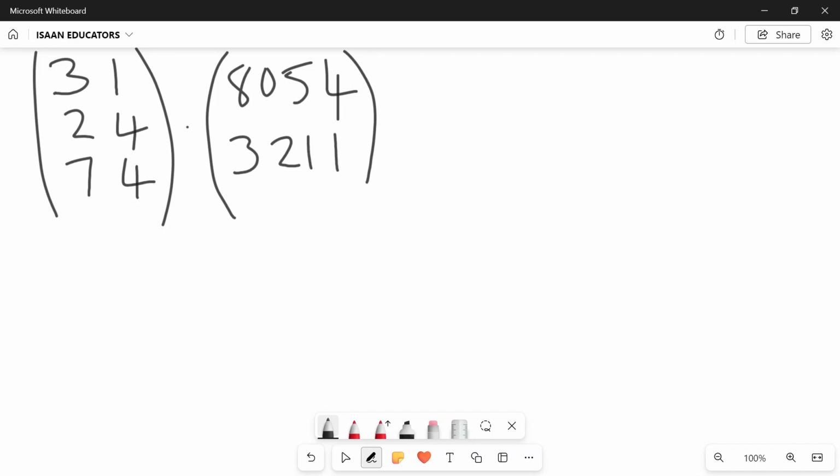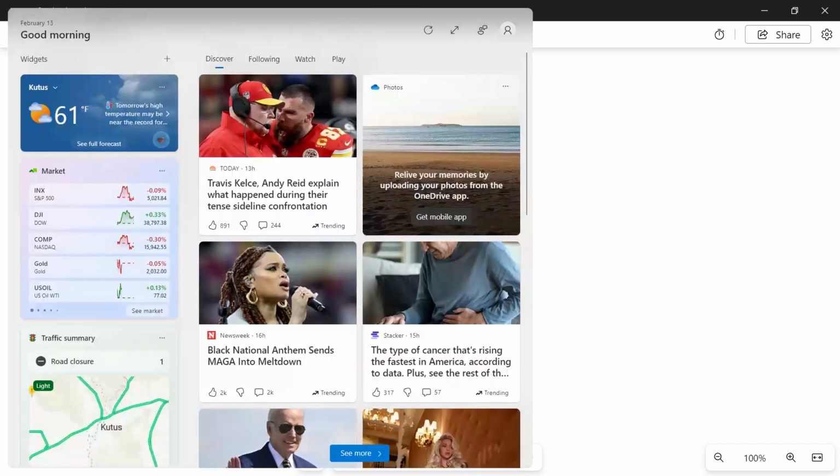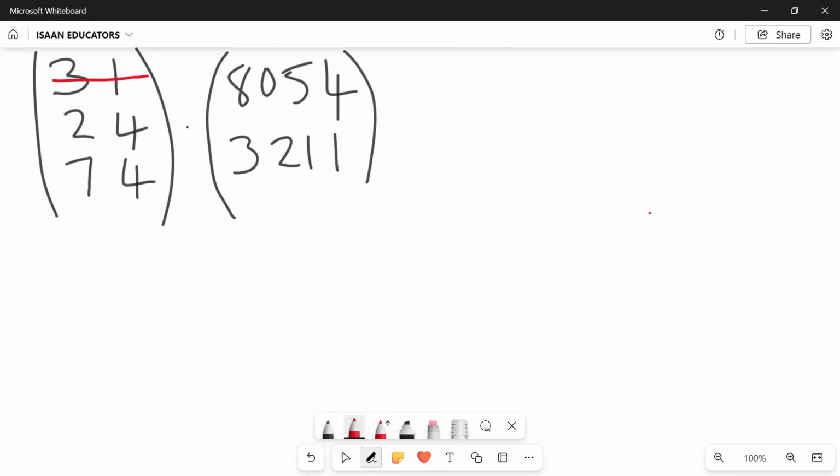When you're multiplying these two matrices, you start with the rows in the first matrix, then multiply with the elements of columns in the second matrix. This is what we mean: we multiply rows in the first matrix with the columns in the second matrix.